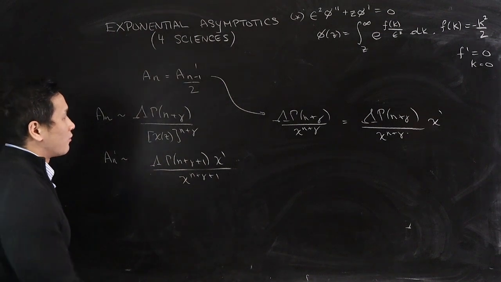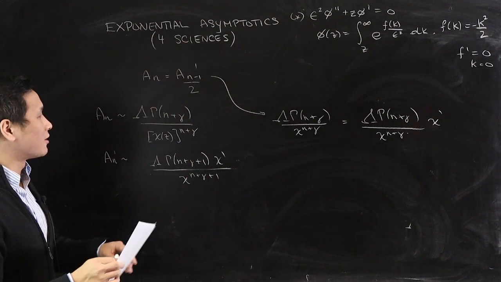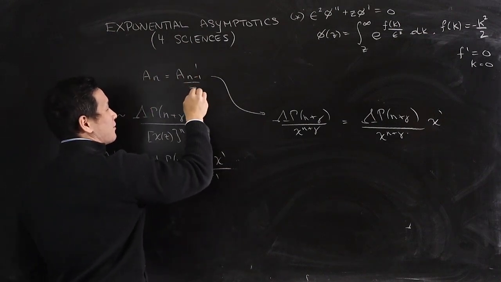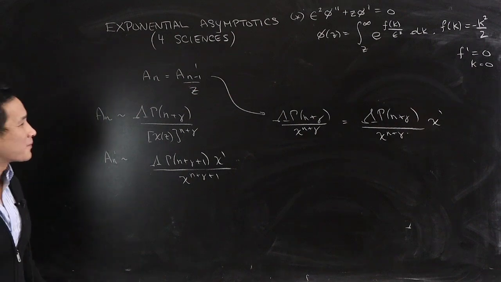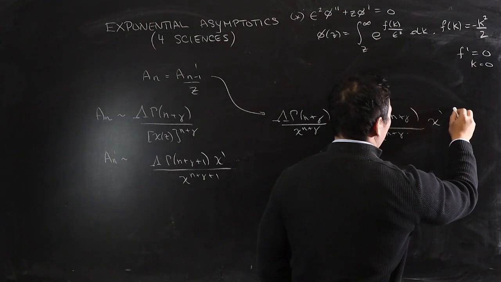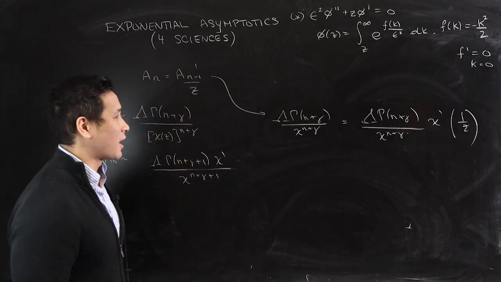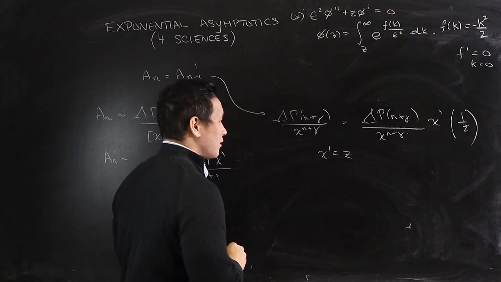And I had a typo in this expression because this is not actually an minus 1 prime over 2, it is an minus 1 prime over z that I just realized. So this is over z. And then now this gives me an equation for chi. So you see that chi prime is equal to z.